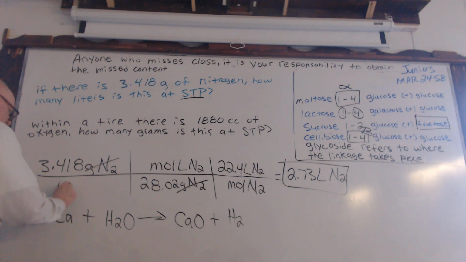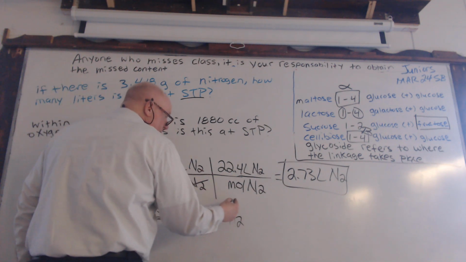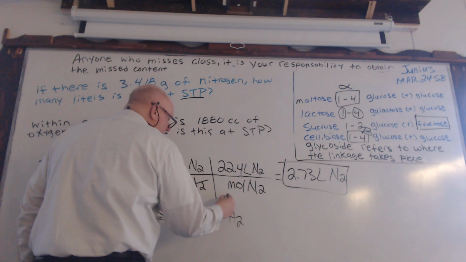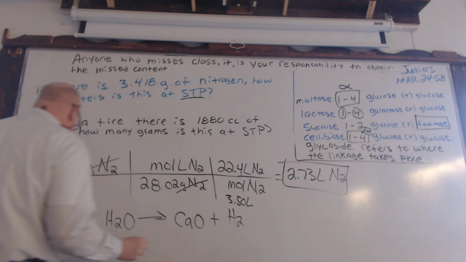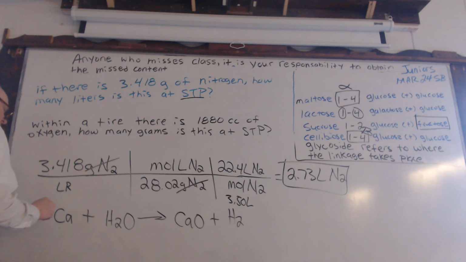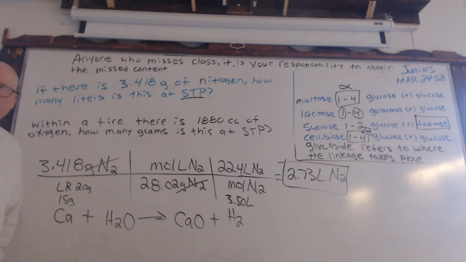Let's say this is your limiting reactant, and you need to produce, per se, 3.50 liters. Okay? And if this is your limiting reactant and you need to have 20 grams of this, but what happens if you only start with 15 grams of this? What's going to happen to that number? It's going to be down.